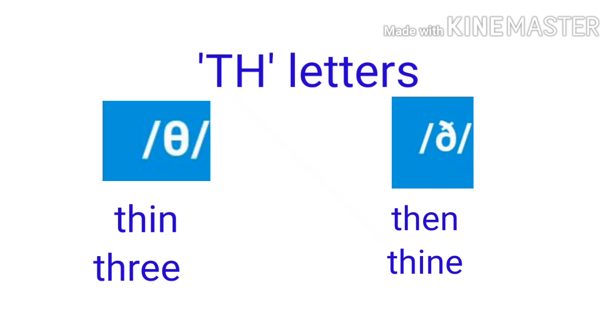For example, an African will ordinarily pronounce the word thin as tin instead of thin, three as tree instead of three, then as den instead of then, thine as dine instead of thine. I hope you understand. So you place the voiceless th on TH that Africans pronounce as t, and you place the voiced th on TH that Africans pronounce as d.